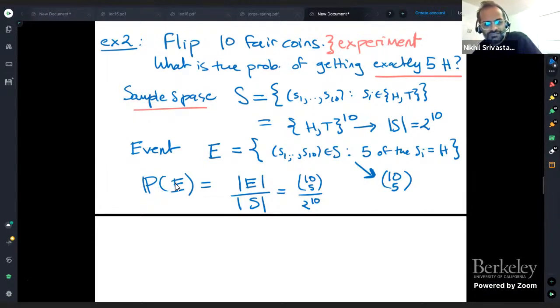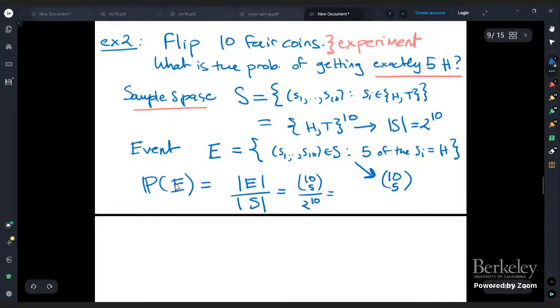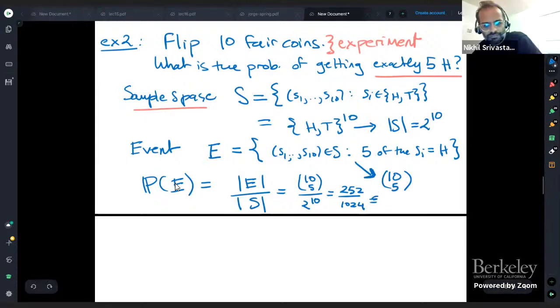I think it's 252 over 1024, so it's about 25%. That's higher than I thought too. There's about a 25% chance that you get exactly 5 heads. So it's really quite likely. It's actually the most likely outcome. Not surprising. We'll see how to easily prove that later.